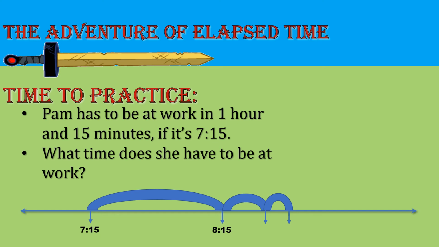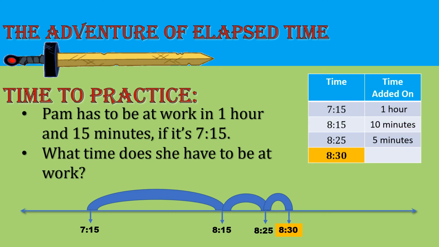If we go 1 hour forward, that will place us at 8:15. If we go another 10 minutes from the 15 minutes, that would place us at 8:25. And if we go 5 more minutes to make the 15 minutes, that would put us at 8:30.